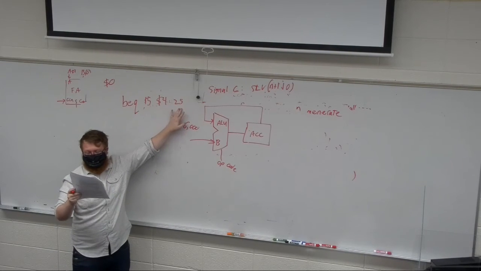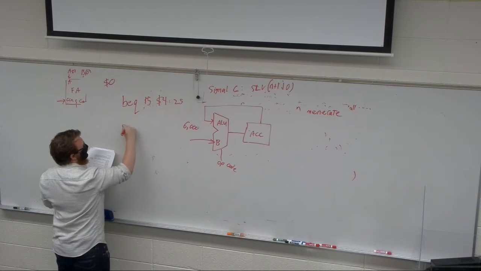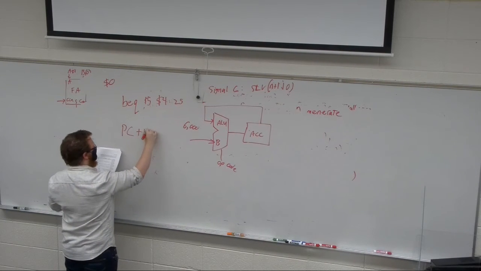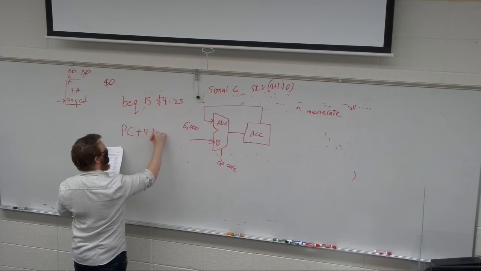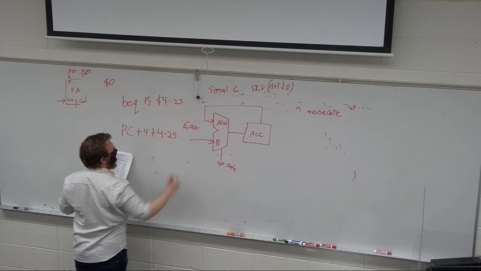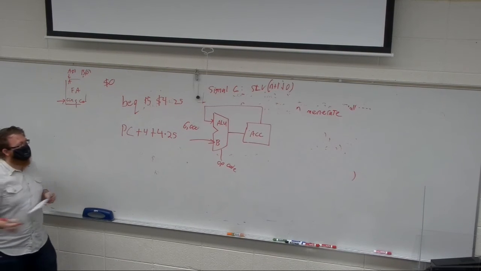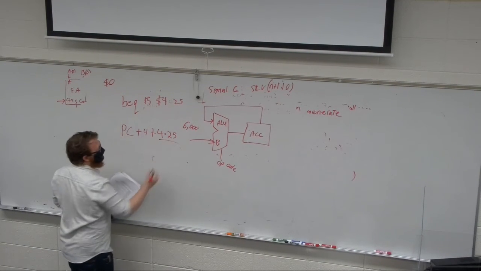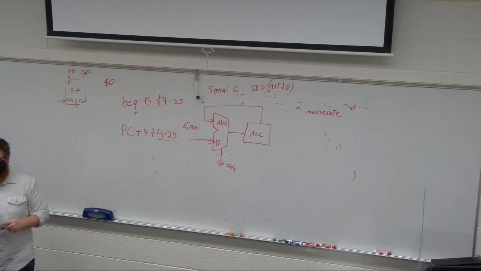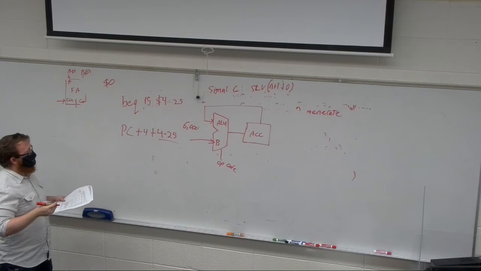This is stupid. I hate this one. At a location of wherever we are, plus 4, plus 4 times 25. Now, the 4s come from converting to byte instructions, which is obnoxious that they use the format that they do. But be aware.